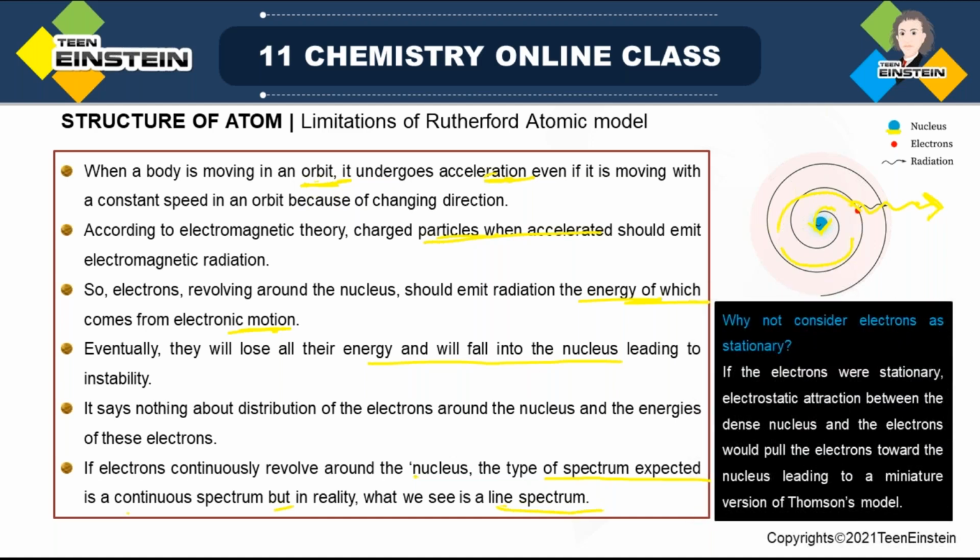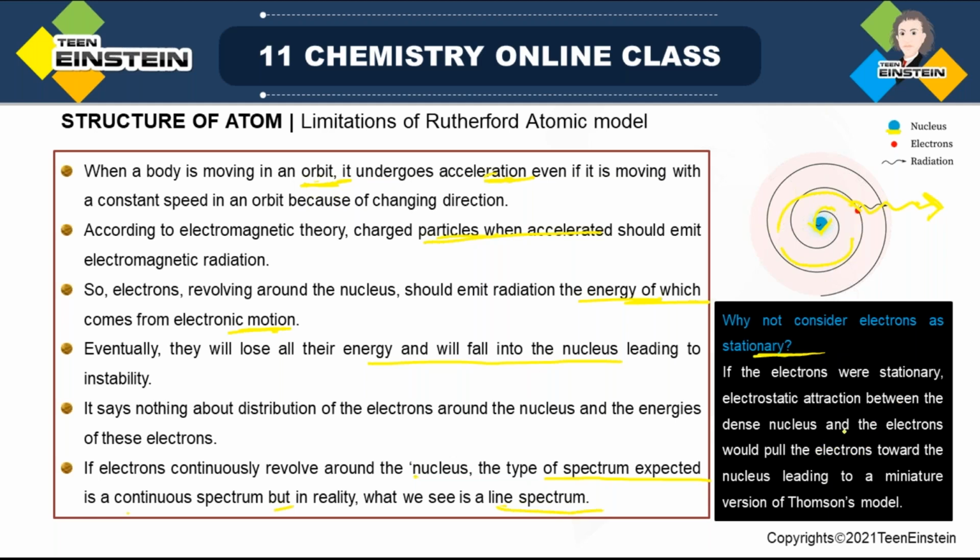Now you can ask one question: if electrons are moving, having charge, and there is some collapse happening, which we cannot see in reality, then why are we not considering the electrons as stationary? When we consider them moving, we see some problem which does not match the observation in reality, so we can simply consider the electrons as stationary, right?